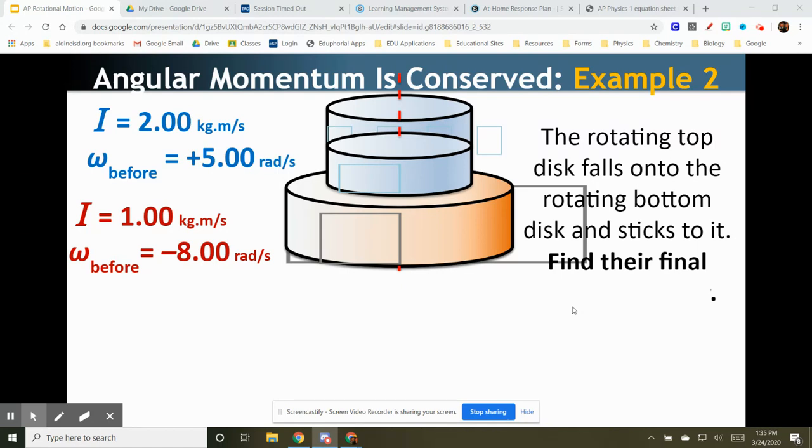So there's a disk that's spinning, and then there's another disk that's spinning on the bottom. And I guess we're going to drop the blue disk on the bottom disk, and we're going to find their final angular velocity.